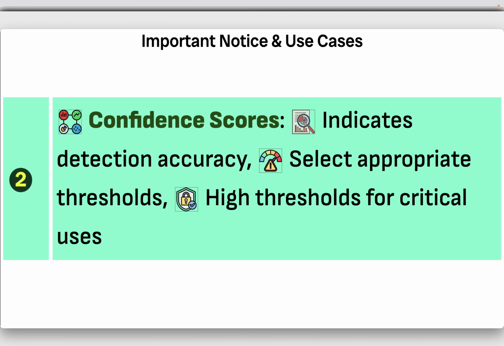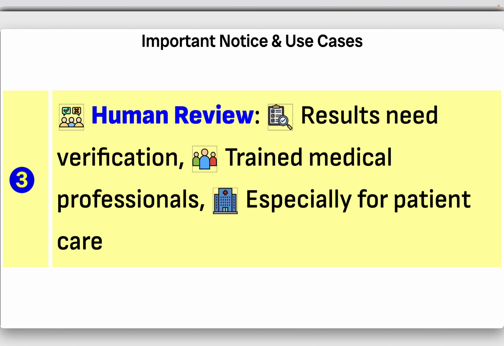Users should identify and use the right confidence threshold for their specific use case, employing high thresholds where high accuracy is critical. Human review. So in certain situations, particularly those involving patient care, the results from Amazon Comprehend Medical should be reviewed and verified by appropriately trained medical professionals.